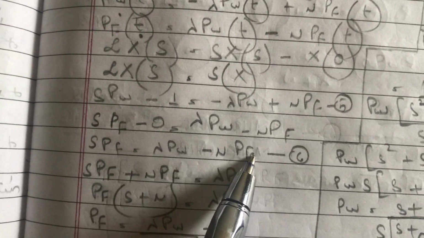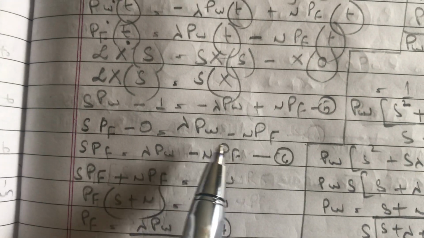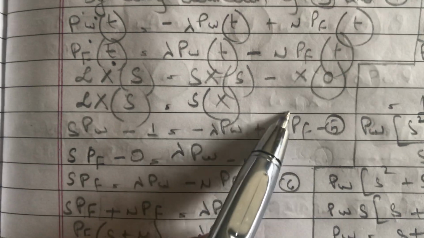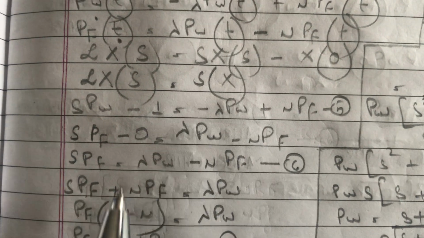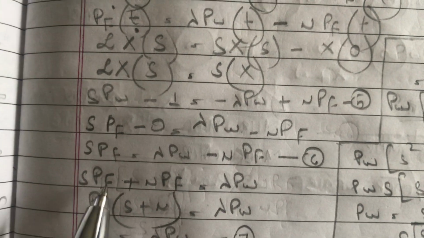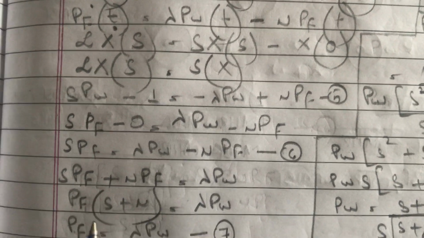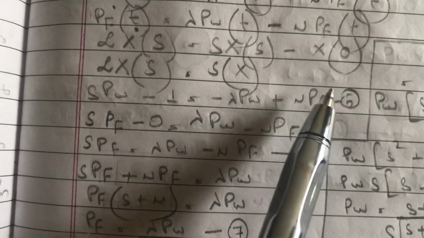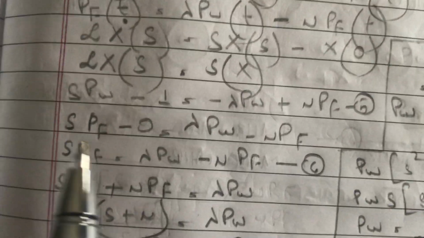First of all, we have to bring this pf value, and we have to keep it in equation 5 in the place of pf. We want to find a value, an equation of pf, so that we get all the terms related to pw and there would be no pf, so this pf won't be disturbing us.